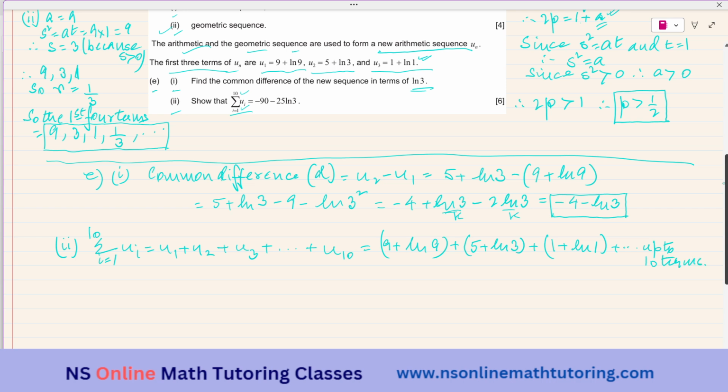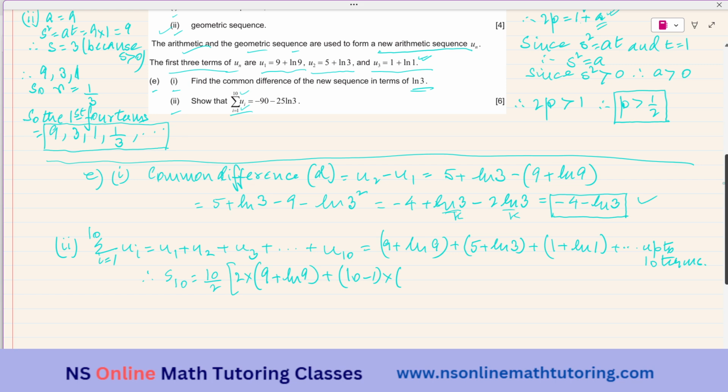Now this is an arithmetic series, so I can use the formula for the sum of first 10 terms. So therefore S10 is equal to n over 2, so it is 10 over 2, 2u1, 2 times the first term, so 2 times 9 plus ln of 9 plus n minus 1, so 10 minus 1 times, what is the common difference?